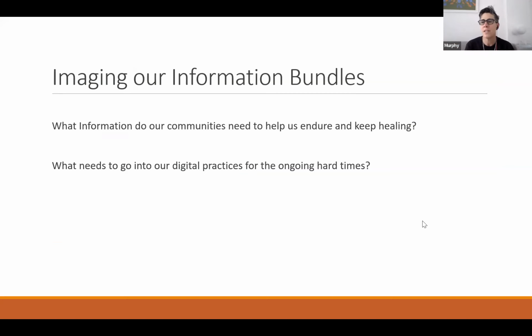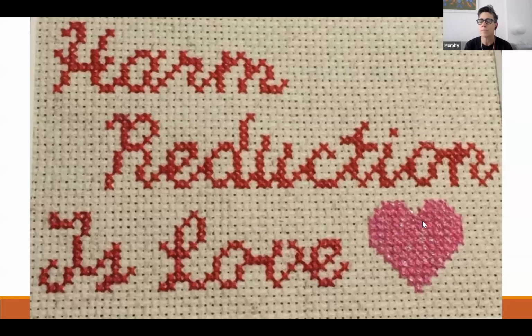So when we imagine our events, we have, I think, a lot of pre-documentation. And it's interesting to think about what information do we need to keep sharing like this event here to help our communities keep enduring, healing, gathering, making beautiful worlds? And what kind of digital practices do we need to keep passing on for these ongoing hard times?